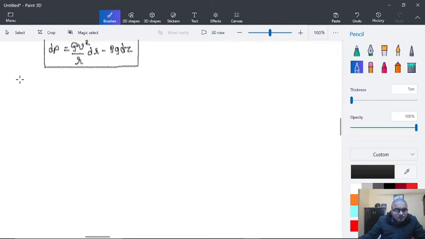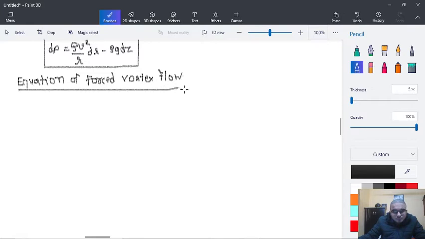That is equation of force vortex flow. So let's first draw the figure.